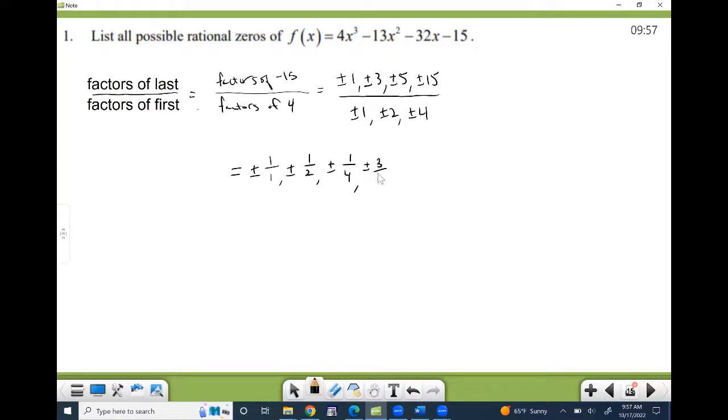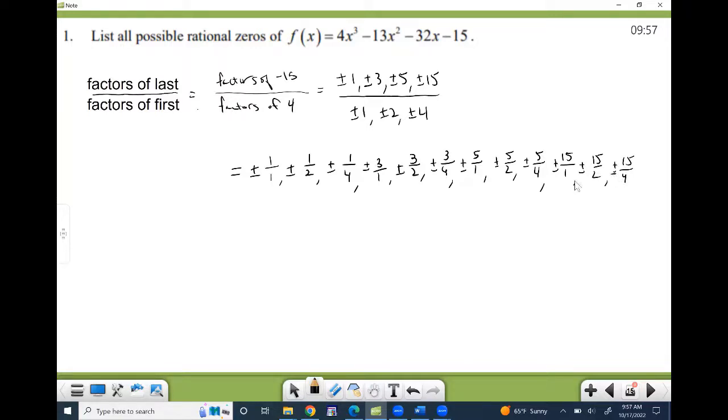Now I'm going to stack 3 on top of 1, 3 on top of 2, and 3 on top of 4. So 3's been stacked on top of all of them. 5 on 1, 5 on 2, and 5 on 4. And then finally, 15 on 1, 15 on 2, and 15 on 4.